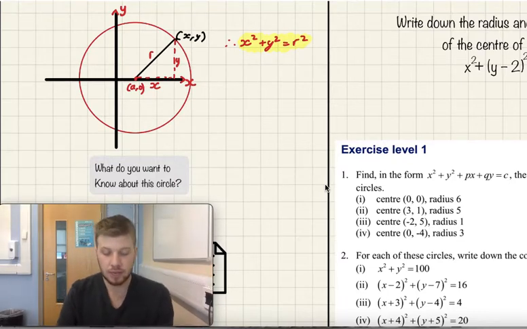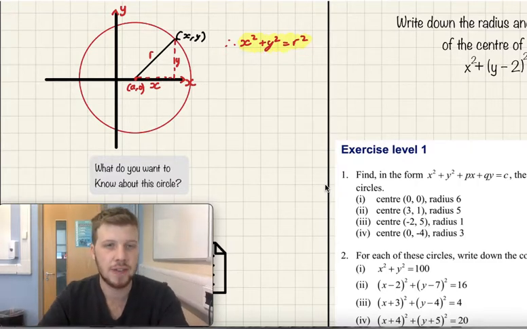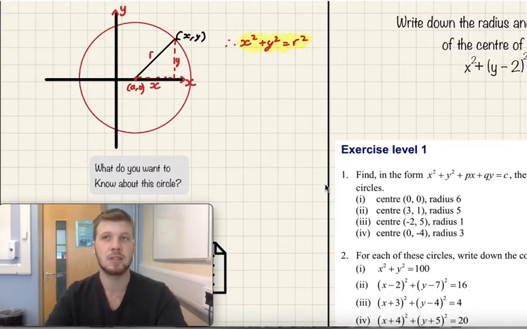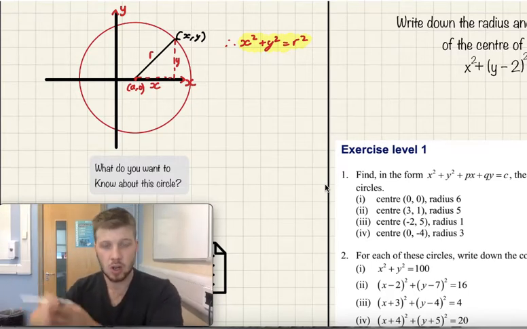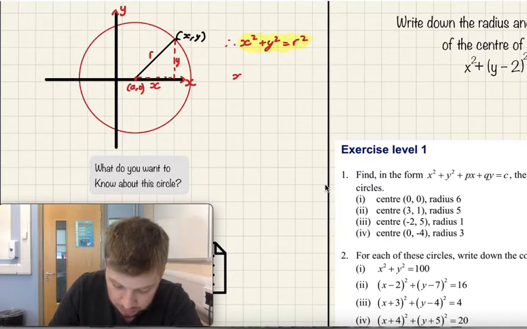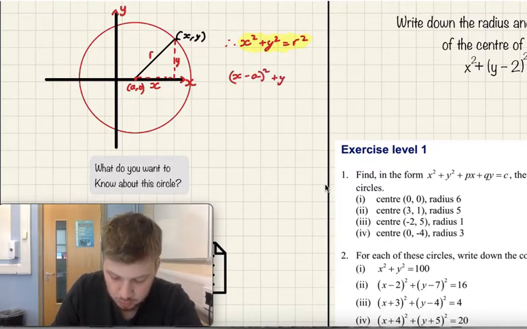Well, how can I reflect that in terms of my general equation of a circle? If we think about our functions and our transformations of graphs, if this is a function of x, what's happened is that my x coordinate has gone along a units. So I could write this as (x minus a) squared plus y squared is equal to r squared.